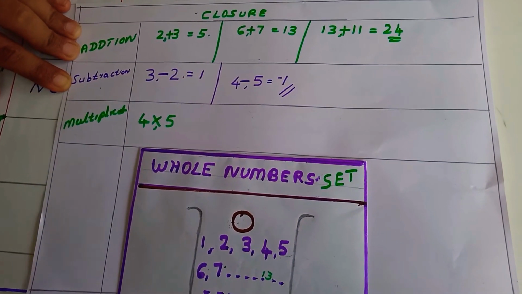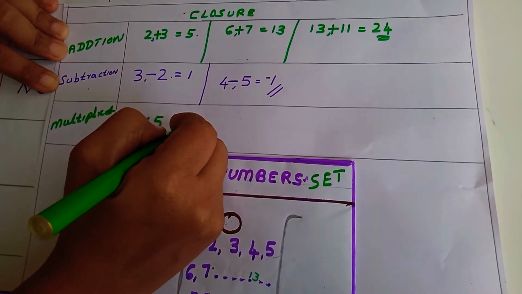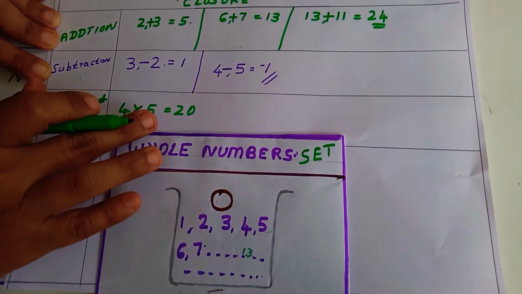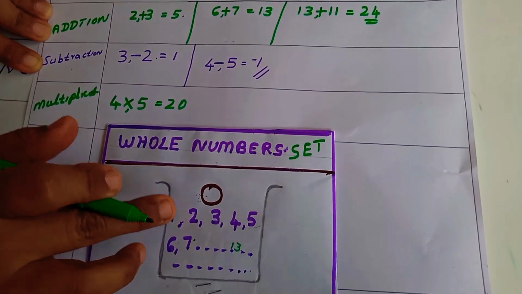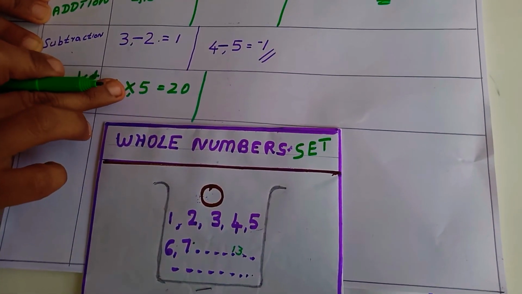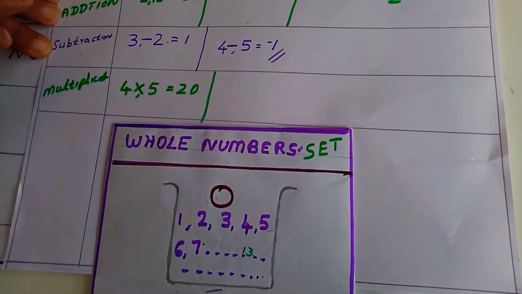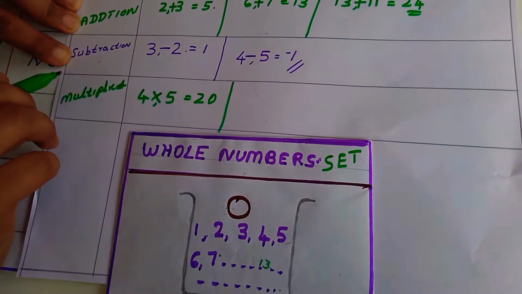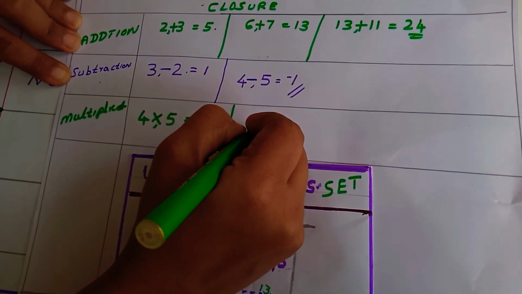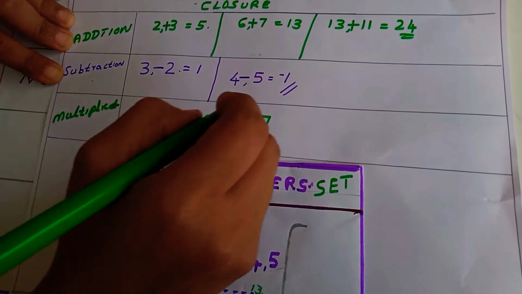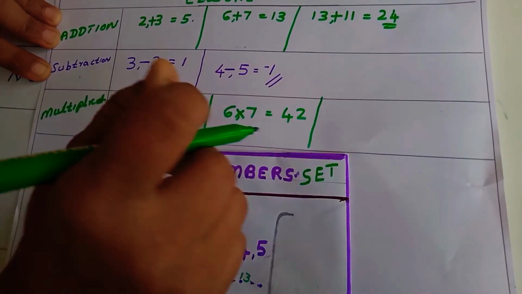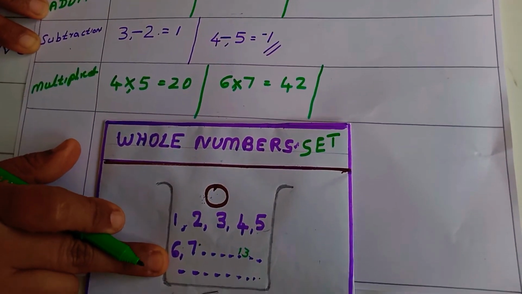Calculation is multiplication here. Answer is 20. 20 is in the same set. You can find 20 in the whole number set. So closure property is applicable for multiplication. Again we can check two more numbers, 6 and 7. Just do the multiplication. Answer is 42. Again 42 is there in the same set.